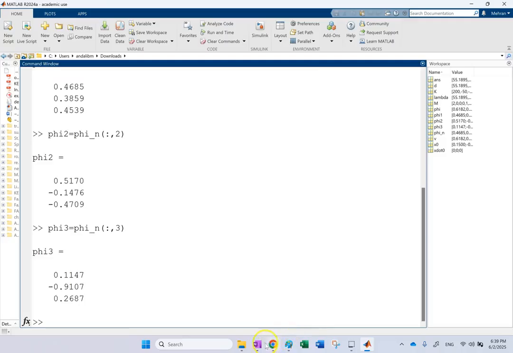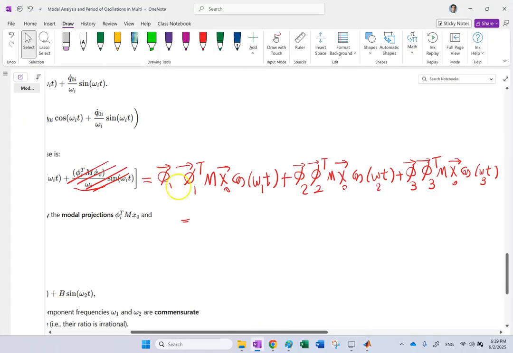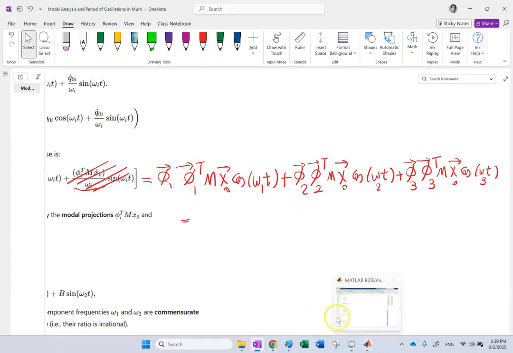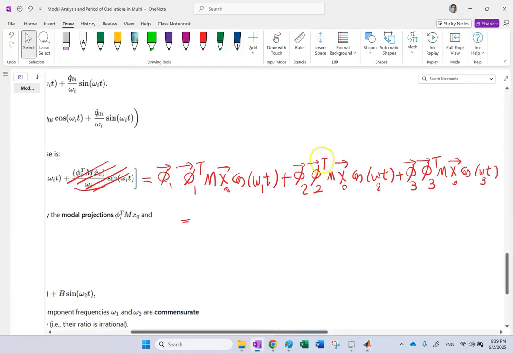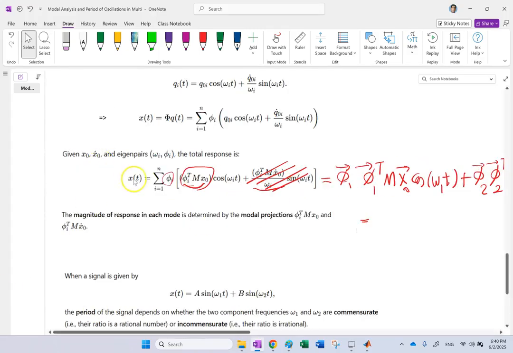So now all I need is to calculate phi 1 transpose. So here we go. Phi 1 times phi 1 transpose times m times x0, which we have. And that is this guy. This guy is going to be multiplied by cosine of omega 1t, and that is the solution for all 3 x's.